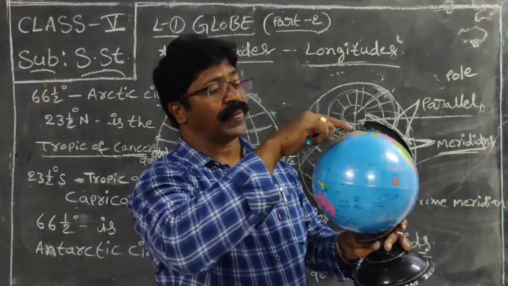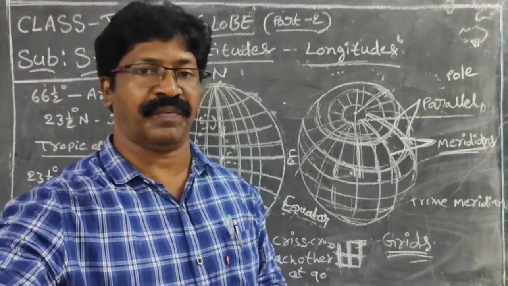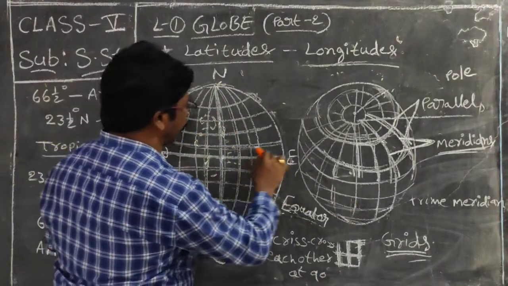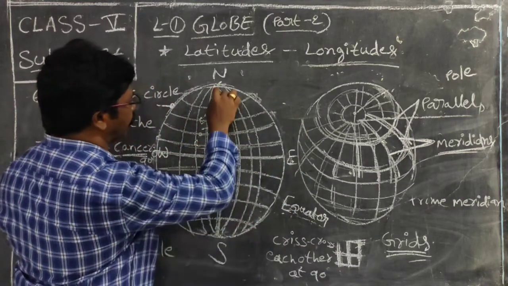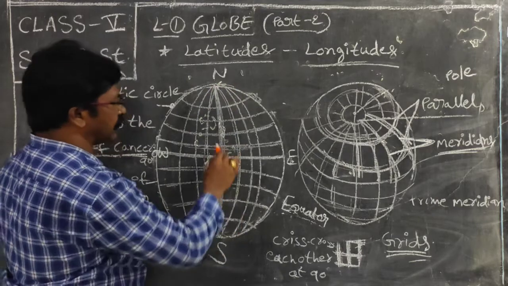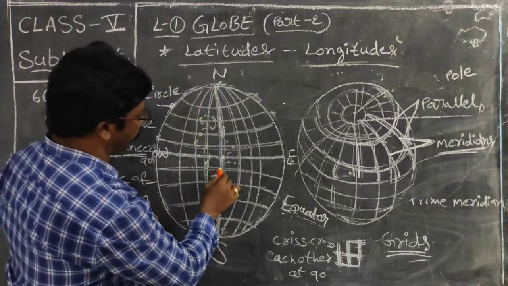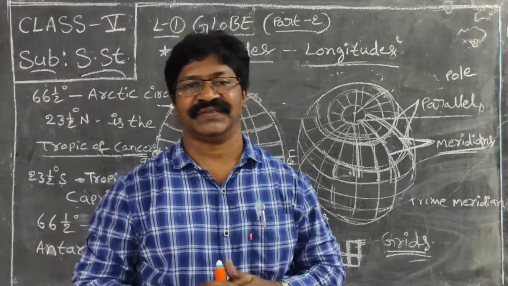Longitudes are not circles and not parallels. All the circles are 360 degrees, but longitudes always run north to south. These are also called meridians.